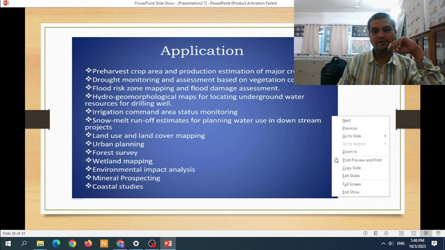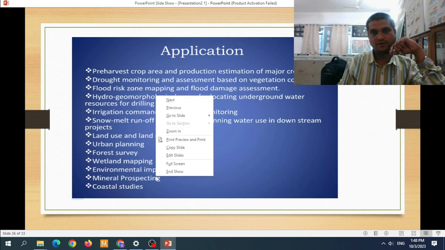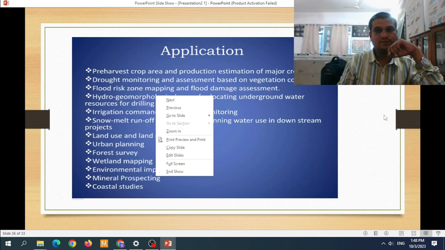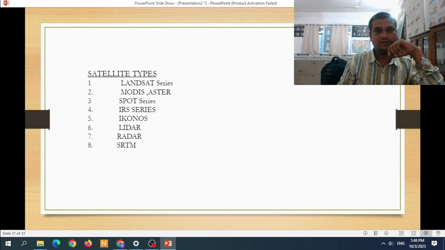Different satellites have different uses. For example, Oceansat is used for oceanographic and meteorological studies. Then another resource satellite is for different resources. These are the different applications of that particular area.